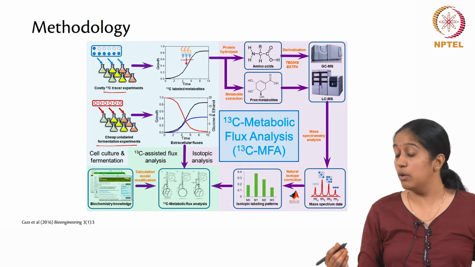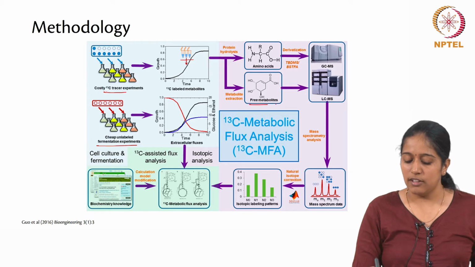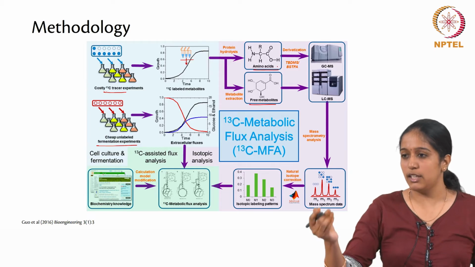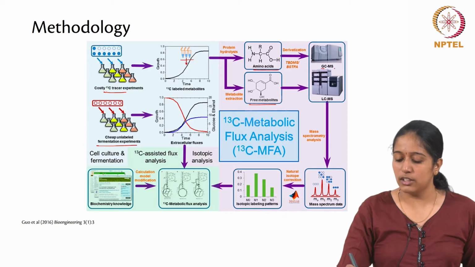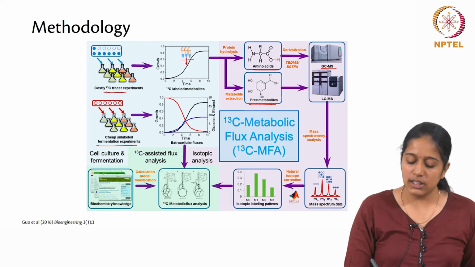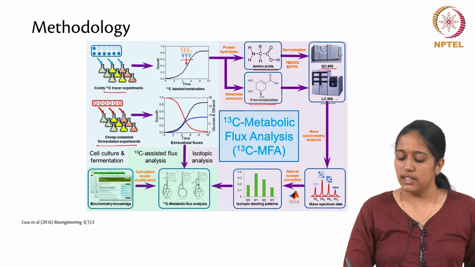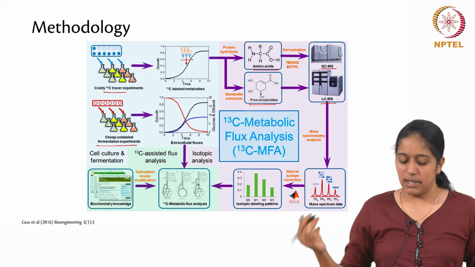I will come to why we want to use only amino acids in the next few slides, and also see the free metabolites. So, you basically take the biomass, hydrolyze it, get the amino acids, do further processing by GCMS, about which we will come to in the next slides, and also analyze the free metabolites through other techniques like LCMS, and then find out the labeling patterns.